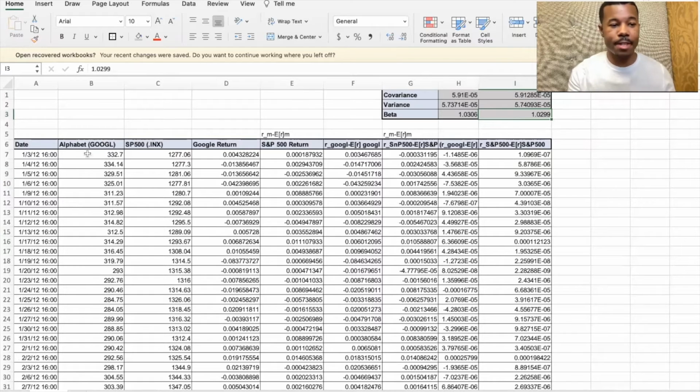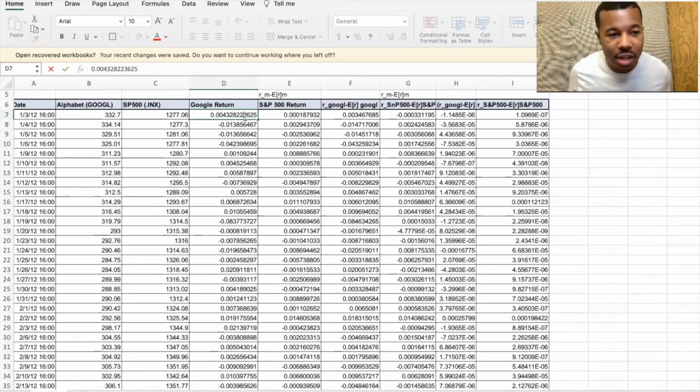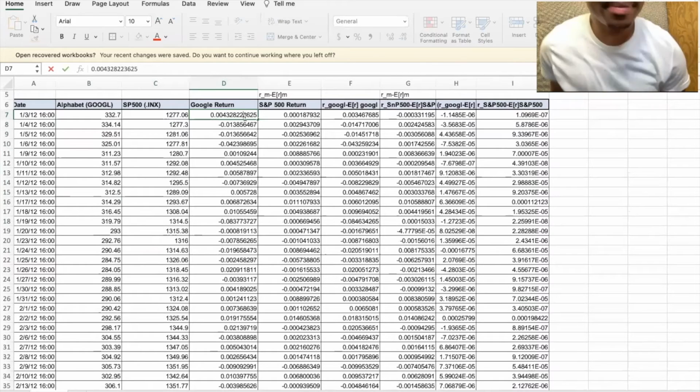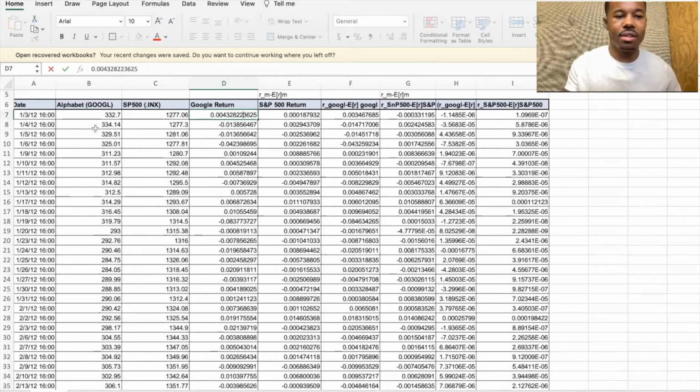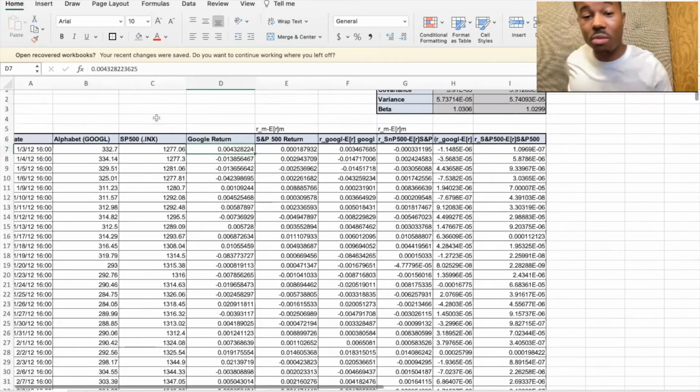If you put in Google, then you put in the returns of the S&P 500, you get the returns by dividing this 334 by 332. You do the same thing for the S&P 500. I'm going to run through this just to show you that this is what's going on behind the scenes.